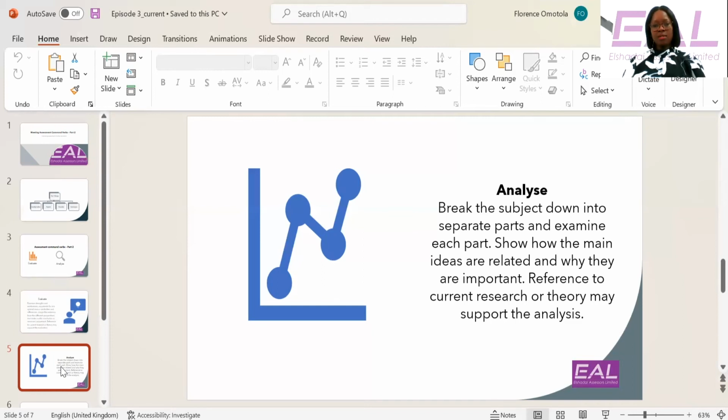When you're analyzing the importance, you're not just going to give one-line sentences, such as that the act helps to protect workers in the workplace. Analyze it. How does it help to protect employees in the workplace?